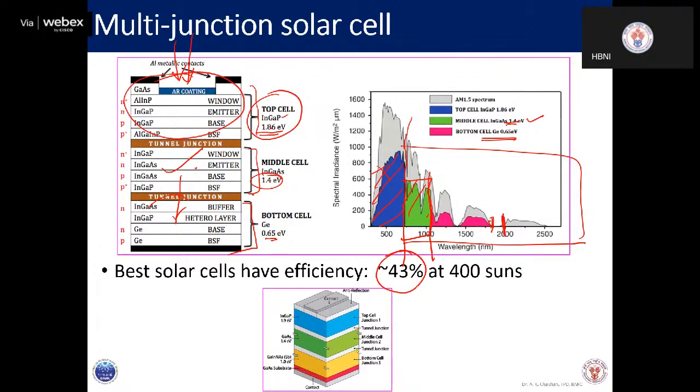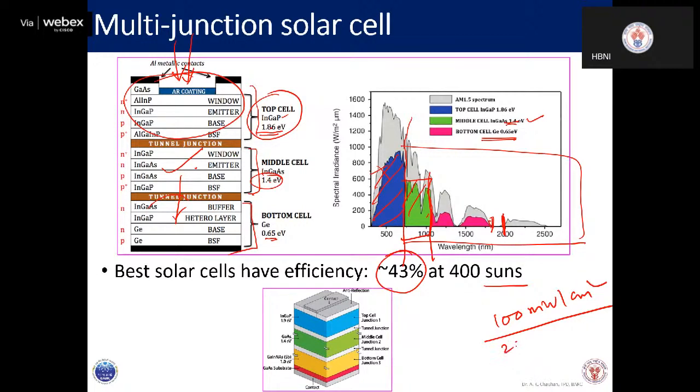And this 43% is not at normal one sun. One sun means irradiation of about 100 milliwatt per centimeter square. But if you concentrate the radiation, you get more and more intensity.